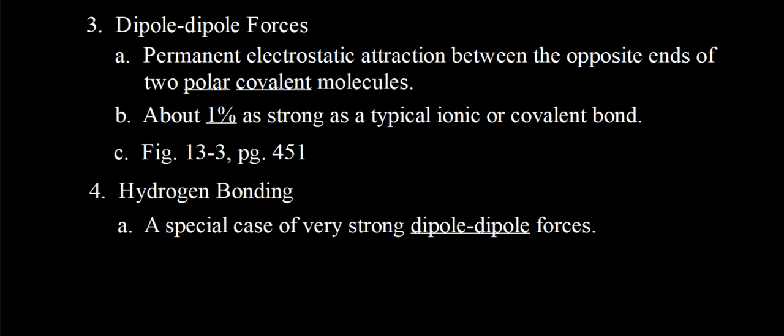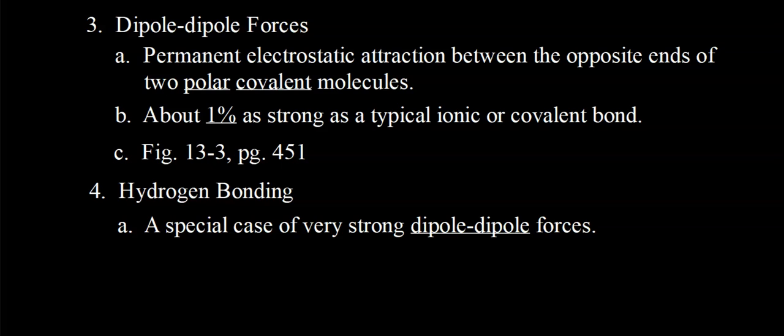It says permanent electrostatic attraction. Again, we're talking about the attraction between molecules that are permanently polar. We'll talk later about temporarily polar molecules. These are pretty weak compared to covalent and ionic bonds, only about 1% as strong. If we take a look on page 451, we can see an example of the attraction between polar molecules.